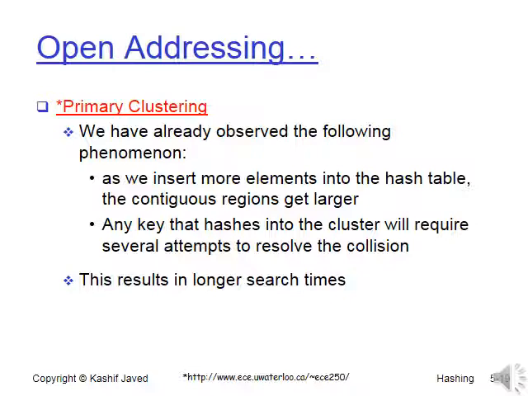This is known as primary clustering. Any key that hashes into the cluster will require several attempts to resolve the collision, and once resolved, will be placed at the end of the cluster, making the cluster even larger. This results in longer search times.